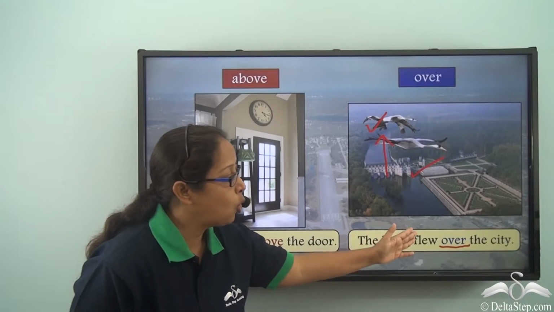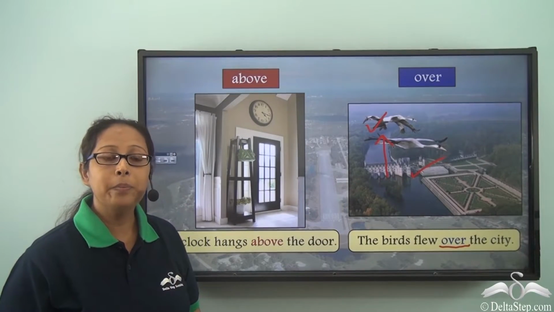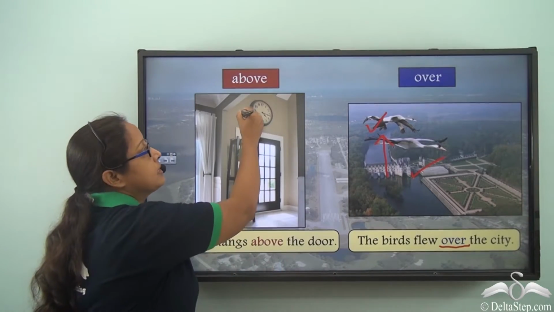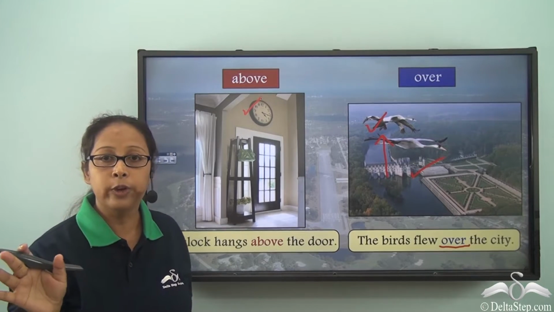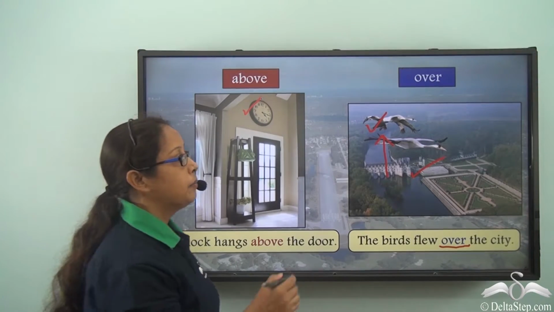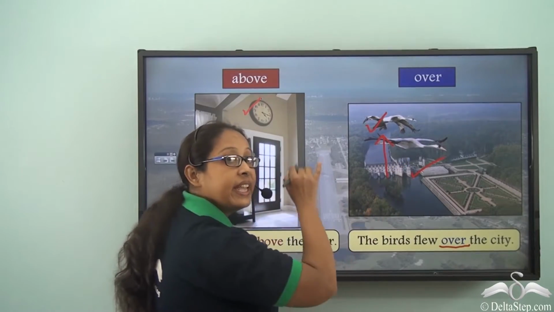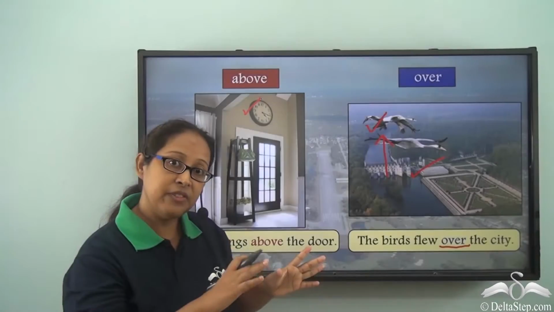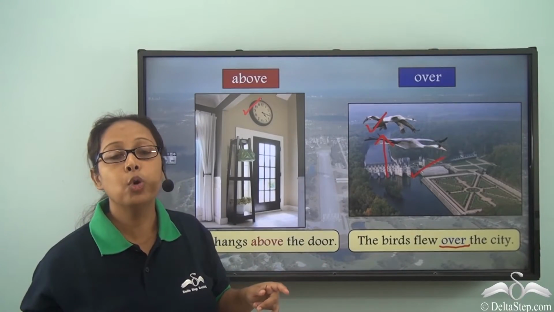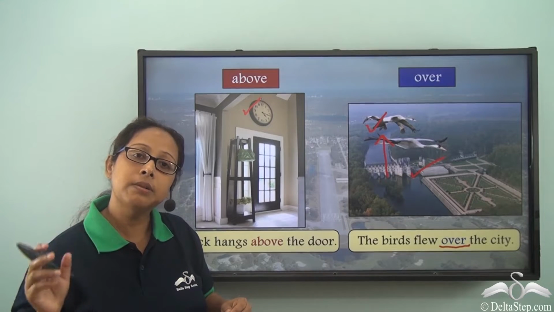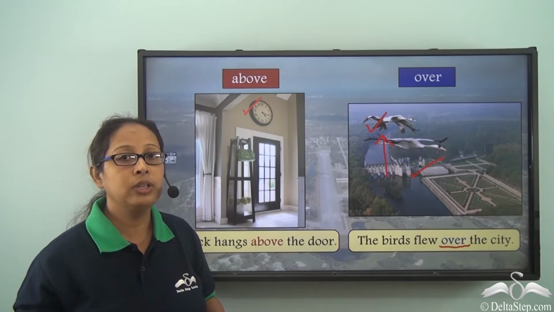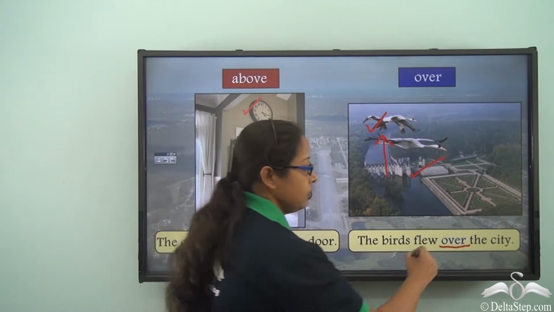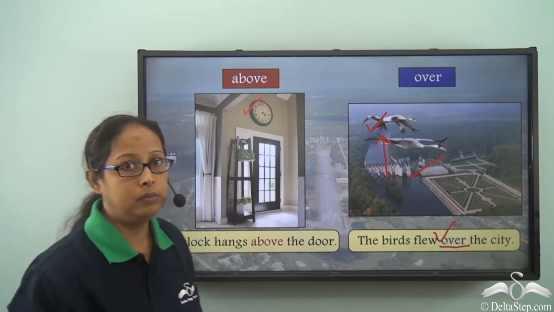When we are talking about over, we are also meaning a movement. When we talk about above, this clock is not moving. It is at rest. But when we are talking about the birds, they are covering a distance. They flew over the city. There's a motion involved over here. When there is a motion involved and we talk about something being higher than, we use the preposition over.